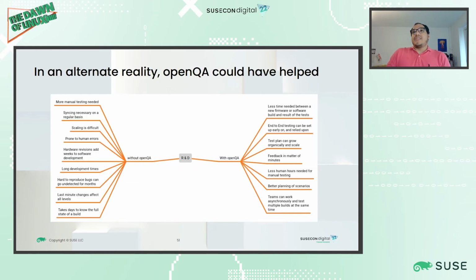So, how could openQA have helped Donna hunt for a bug? If you think about it, let's say that you are able to boot the machine automatically.